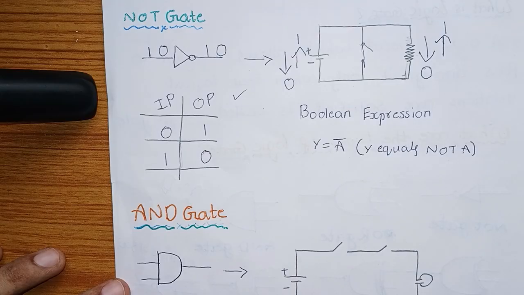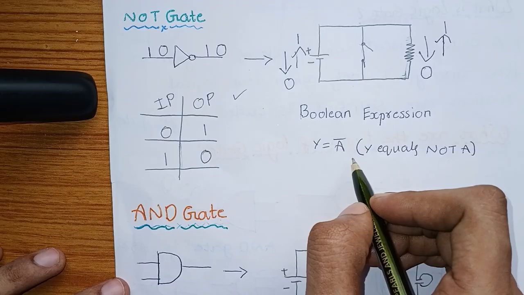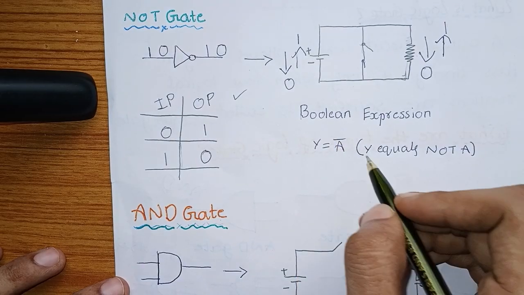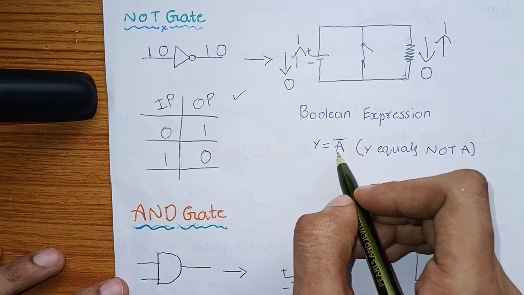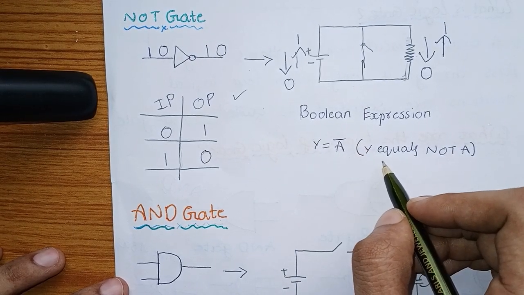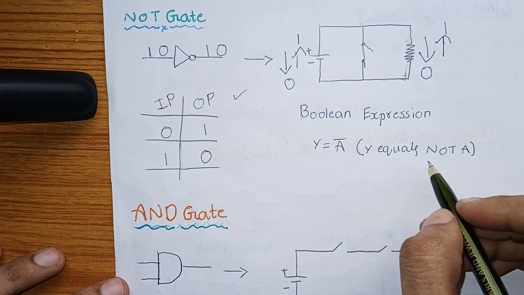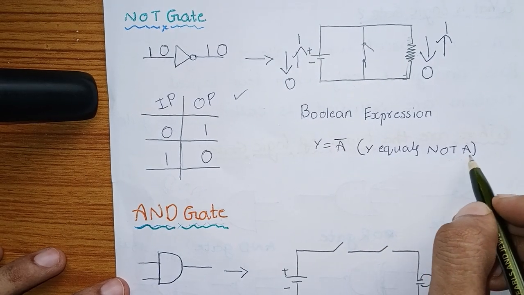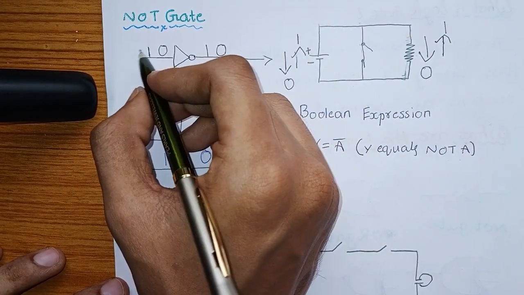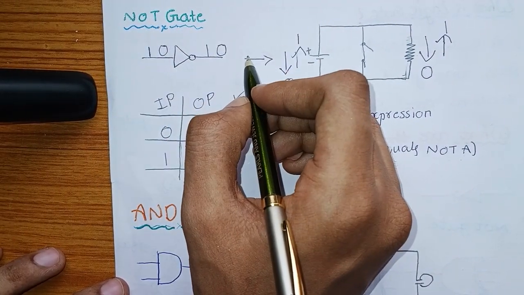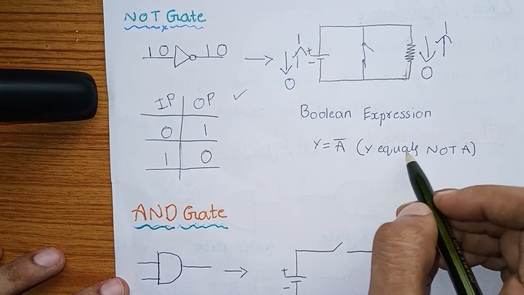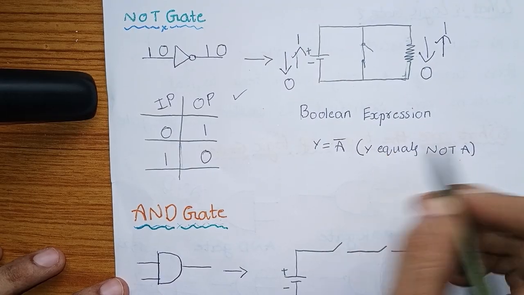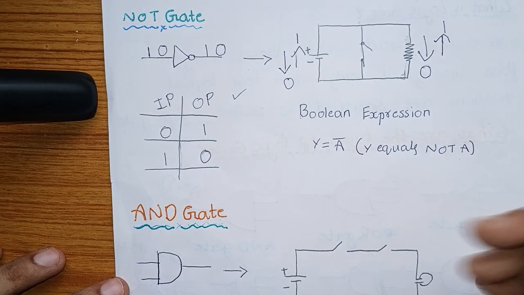Then what is the Boolean equation of the NOT gate? If y is equal to A bar, in logic gates we pronounce it as A not. So y equals NOT A. It means if you give input A, or whatever it might be, B, C, D, E, F, G, H, it will change the signal and let it pass to the next person.